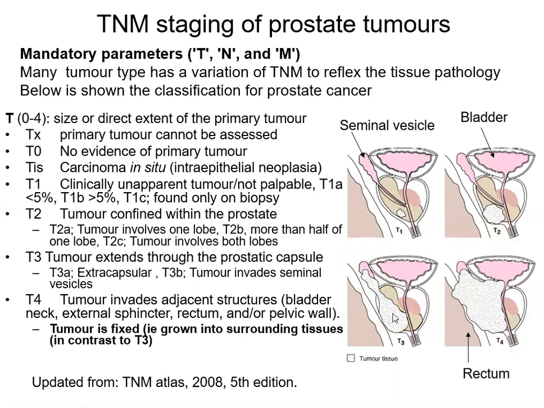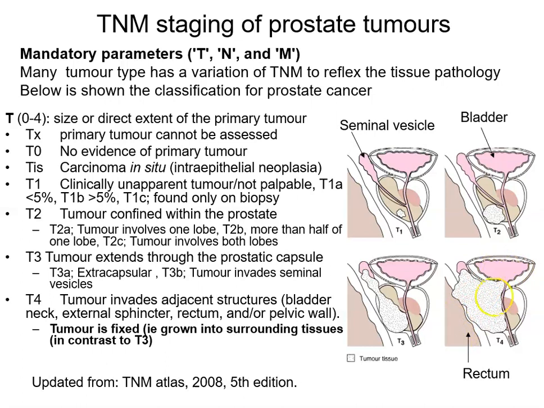So the distinction here is T2s are confined to the prostate, T3s have started to break out of the prostate, T4s are much larger and they've extended throughout the prostate and could involve the bladder and rectal wall. So these are as severe as a cancer that's got distant metastasis.